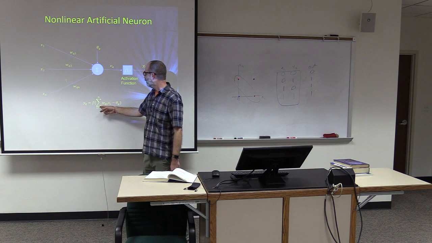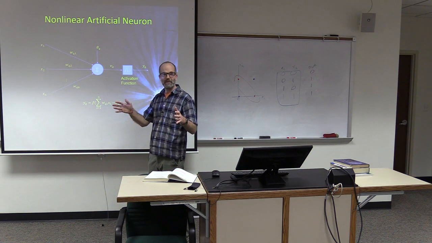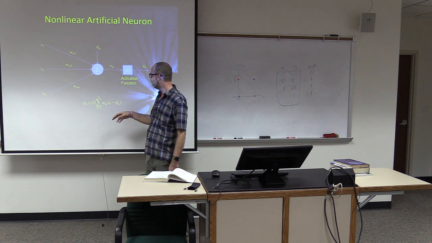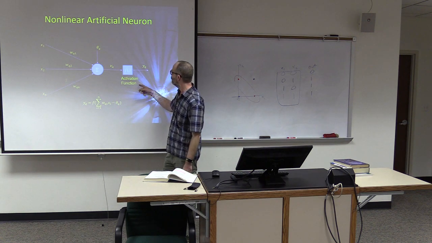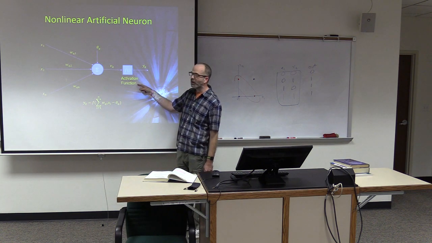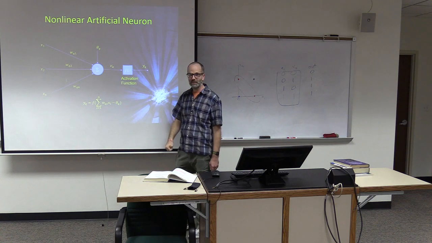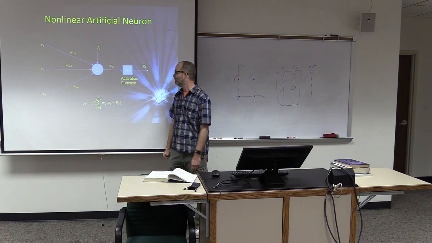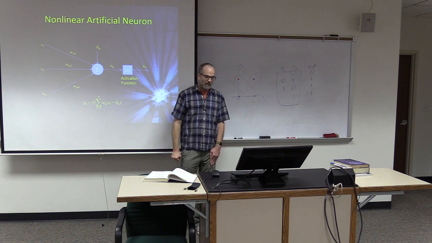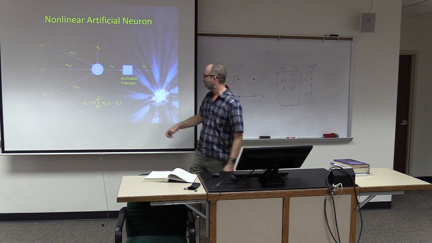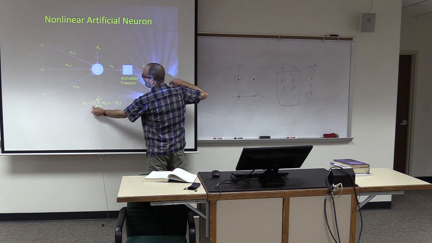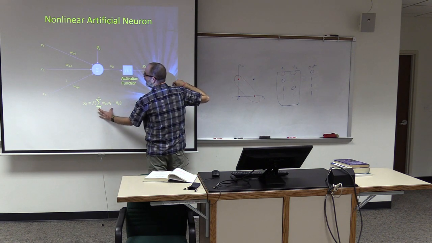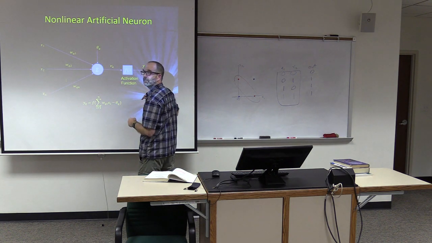I subtract that off, kind of to center everybody. And then I have this new piece here called the activation function. We're going to talk about that in a minute. But the output then is the activation function applied to that sum.